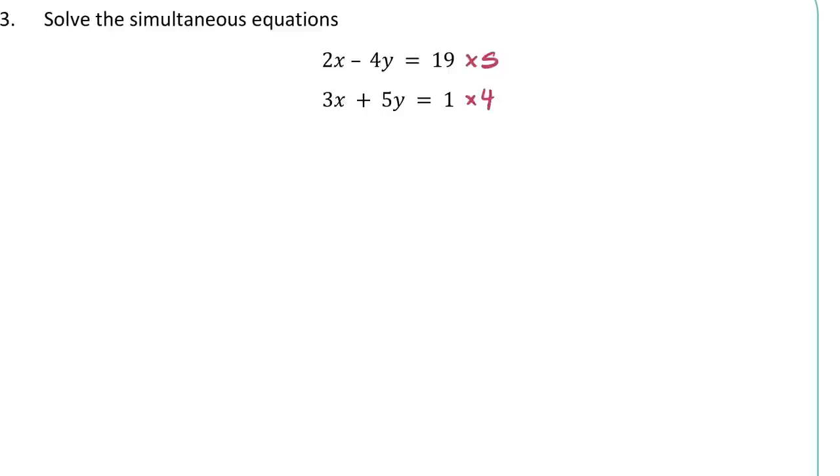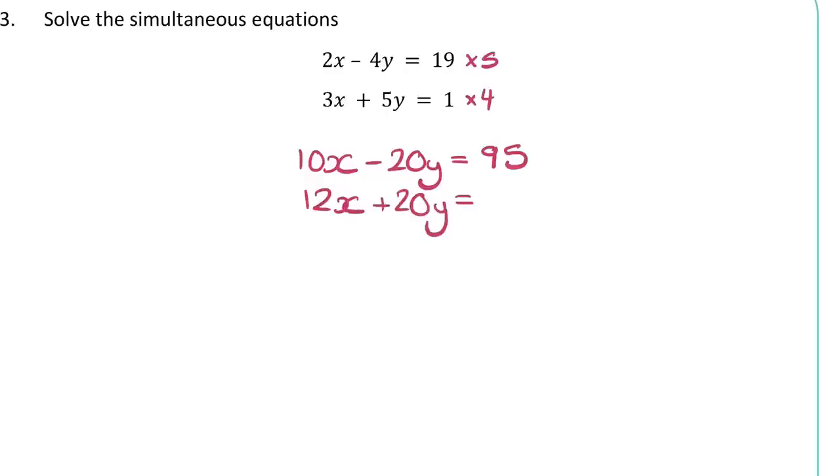When we do that, the top equation will be 10x minus 20y, and that's going to be equal to 95. 5 times 10 and 5 times 9, add them together. 4 times 3x is 12x, and 4 times 5y is 20y. And 1 times 4, nice and easy, is 4. Now you might follow this rule or not. I'll have a look now and think if the signs are the same, we subtract them.